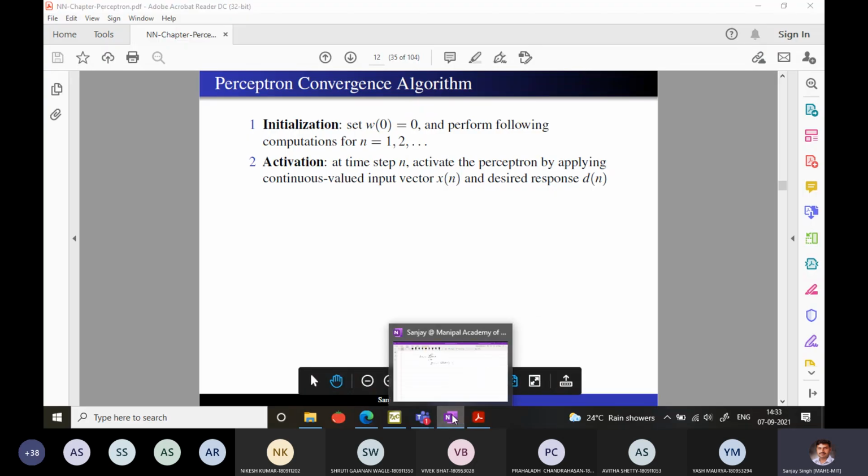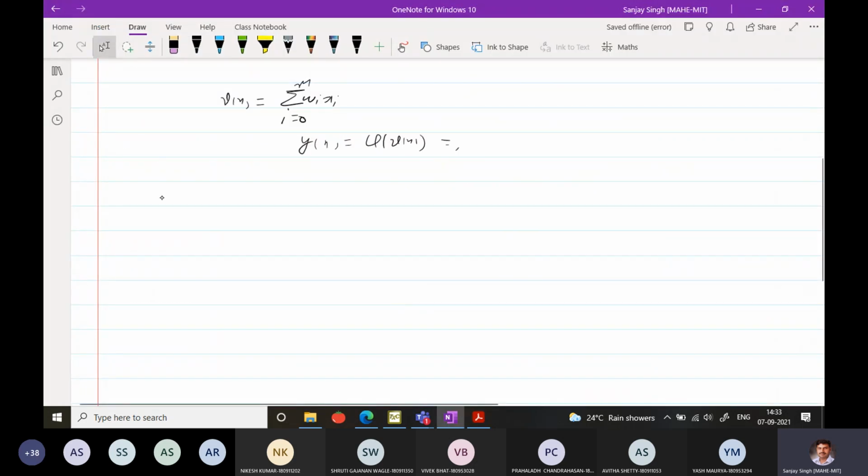When I say it is given to you, remember that your data will be given in this fashion: a training data of the form x_i, d_i, with i varying from 1 to m.